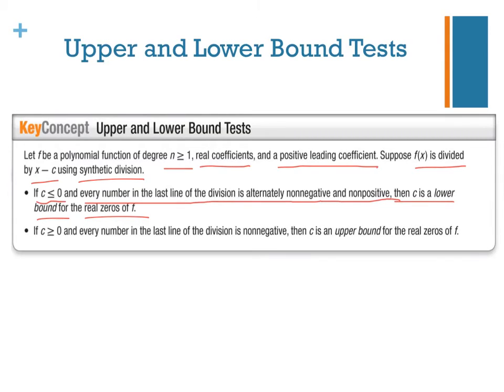So what we're looking at here is when we carry out the synthetic division, what pattern we are looking for is that the last line of our division is alternating between non-negative numbers and non-positive numbers.